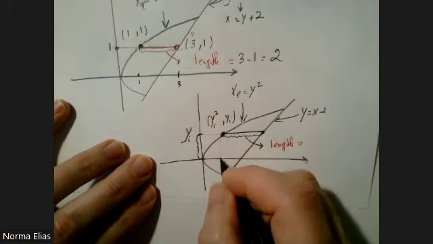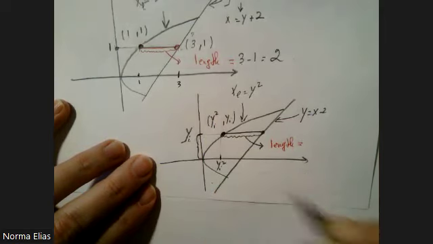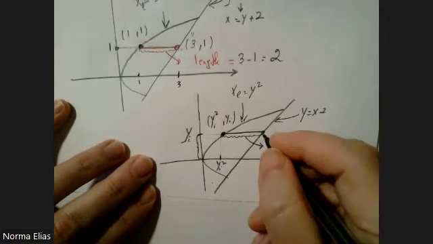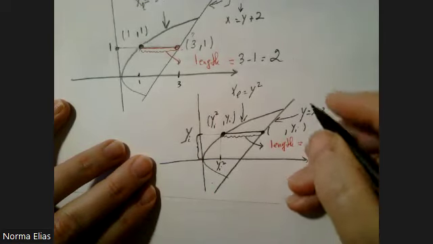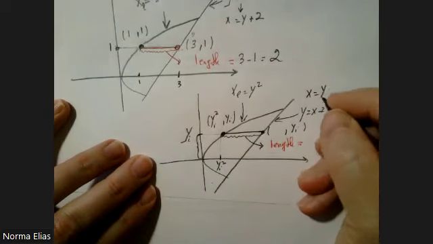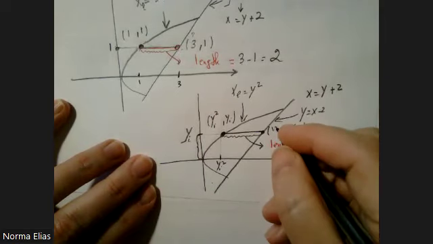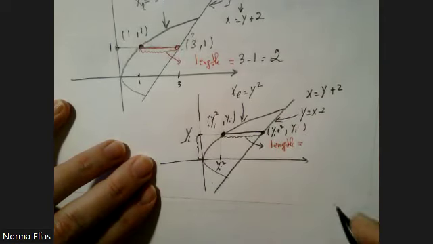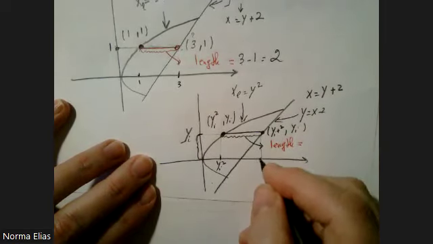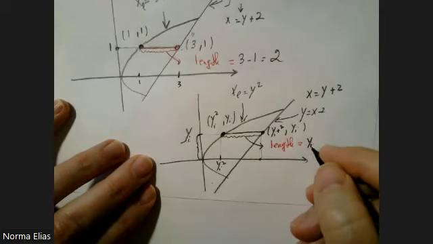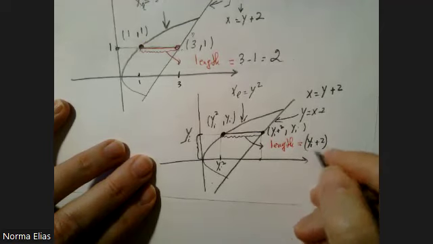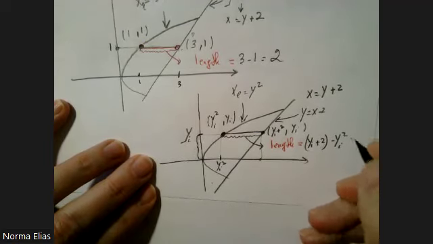It means this point right here is yi square. I have that point. Now I want that point. I have the y. The x, I need to solve for it. The x is the y plus 2. So this point here is yi plus 2, so the length is going to be the right value minus the left value.